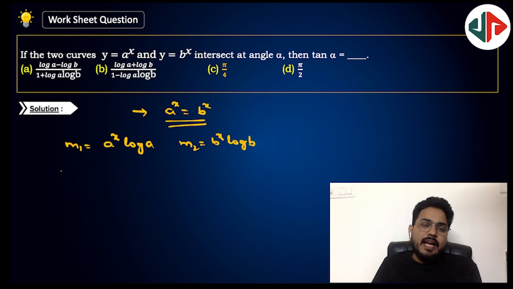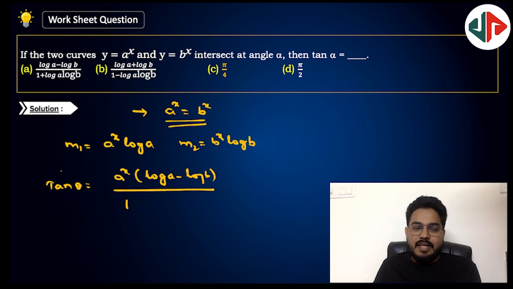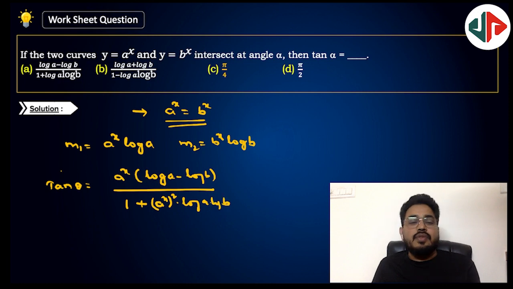So tan theta is equal to m1 minus m2 over 1 plus m1 m2, so take a power x common: log a minus log b by 1 plus a power x whole square into log a log b. So this is tan alpha.